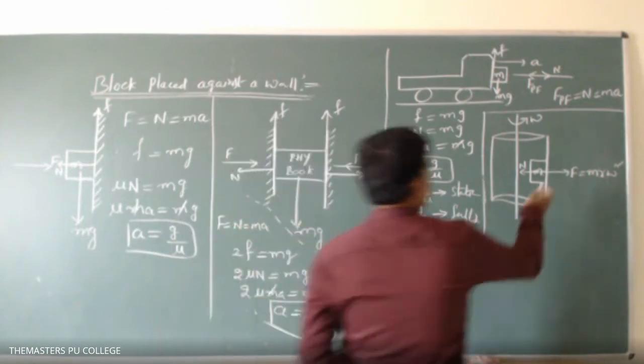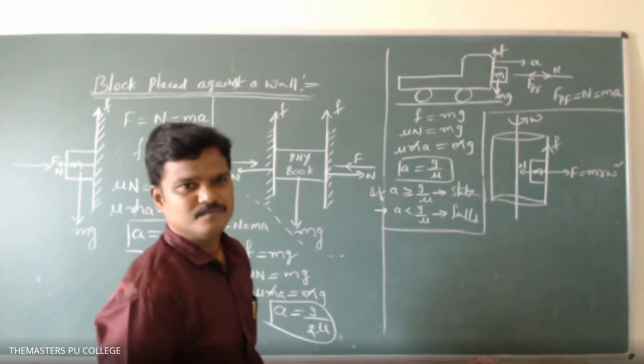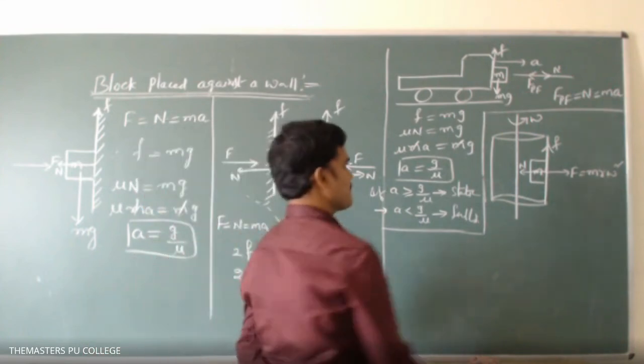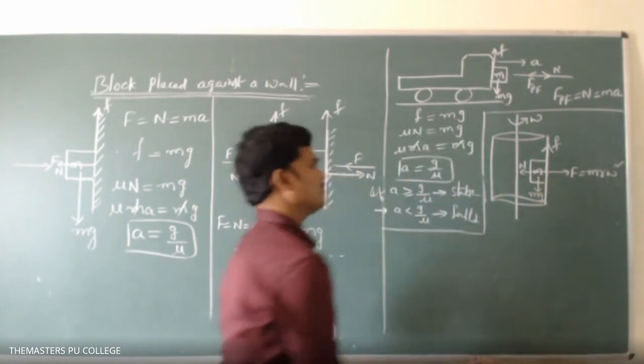Then this is upward frictional force. Downward is mg. Is it clear?